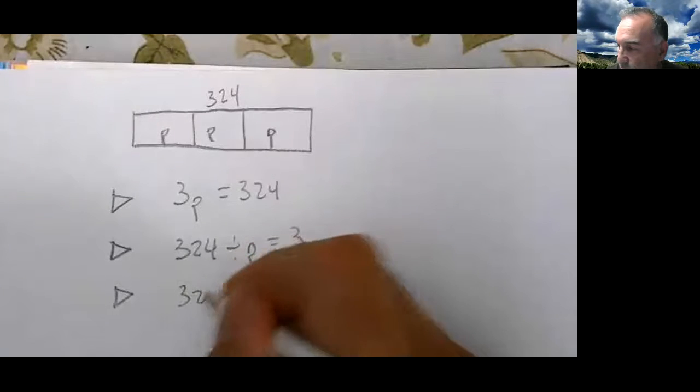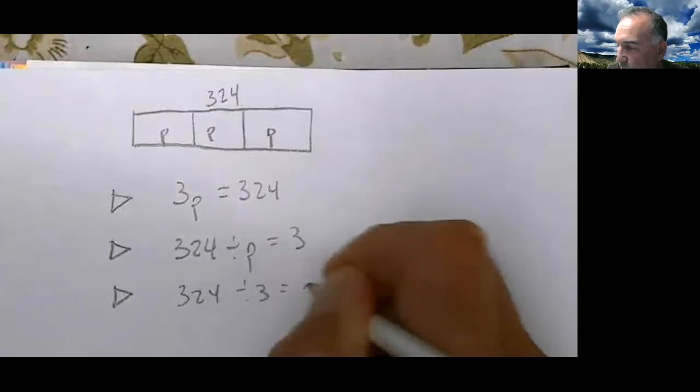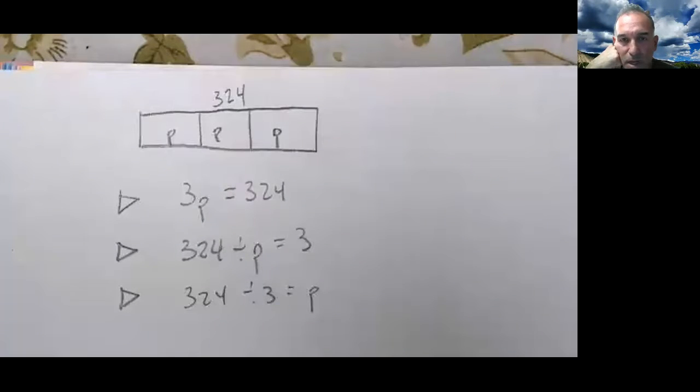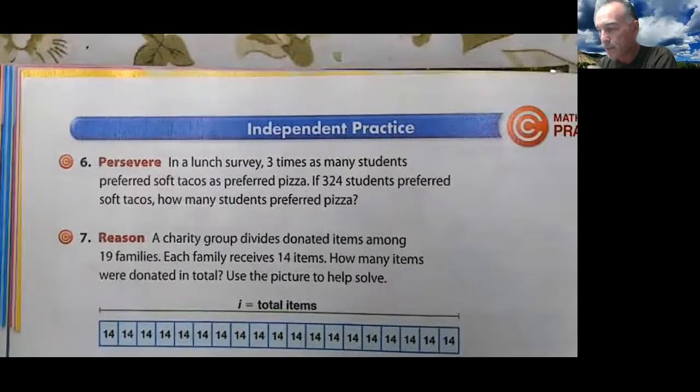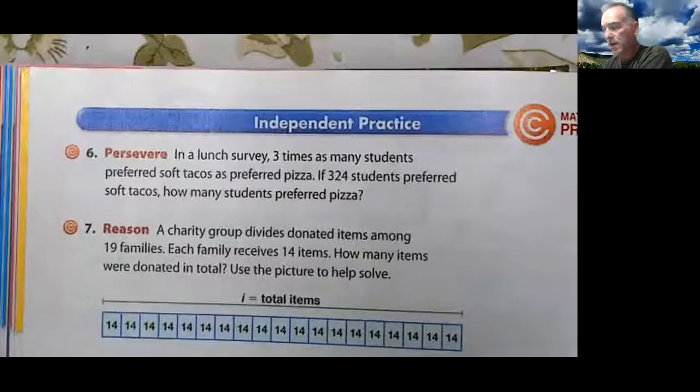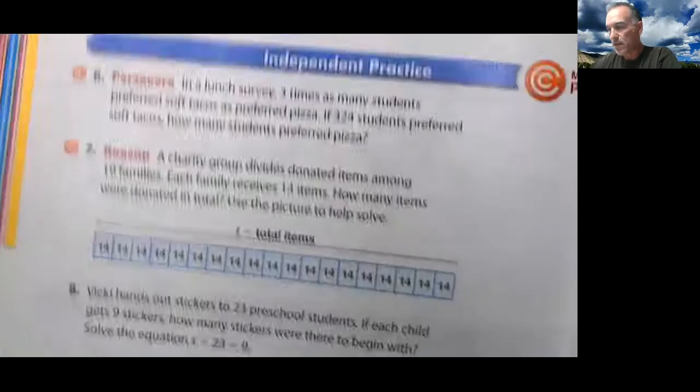I could also say 324 divided by 3 equals p. Let us go on. Let's do another one. Let's do number 8.